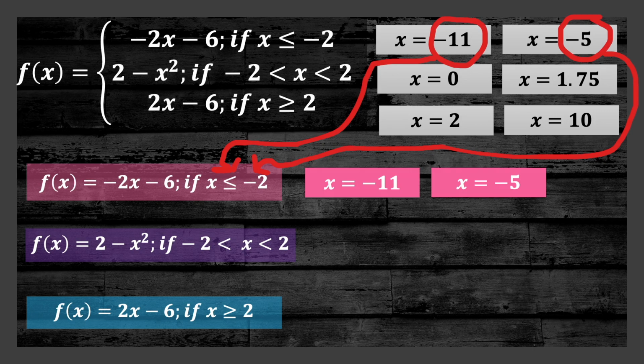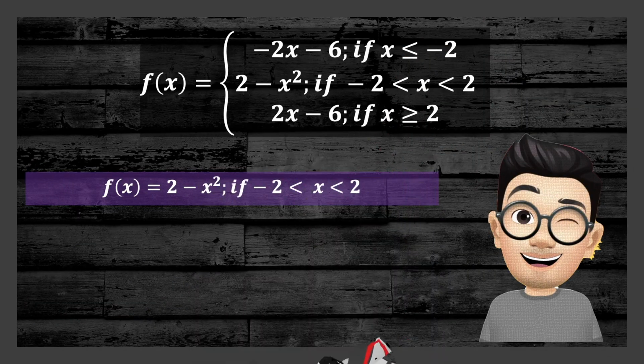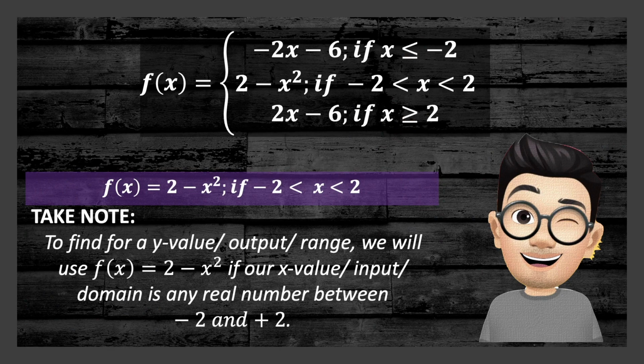Now, we will use the second subfunction f of x equals 2 minus x squared to solve for y values of x values which are any number between -2 and +2.